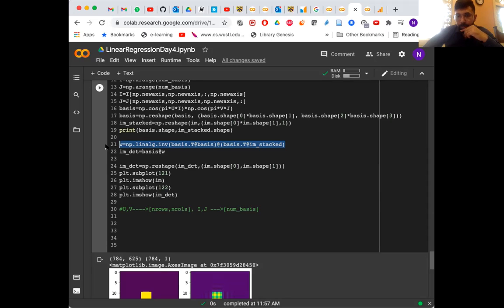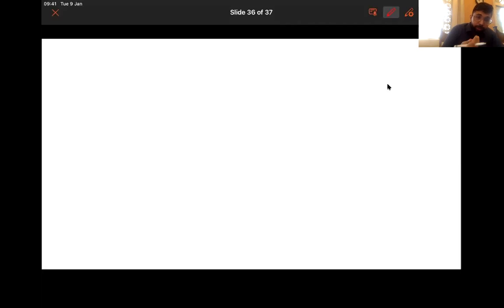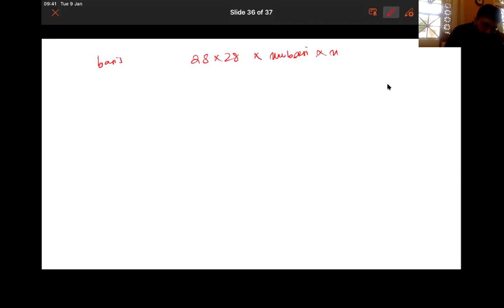Can you explain the reshape parameter again? Of course. So the way I have shaped my bases, my basis is 28 times 28 times number of bases times number of bases.